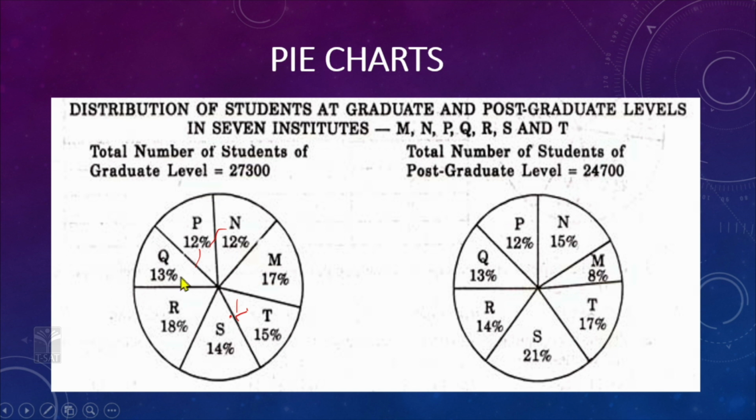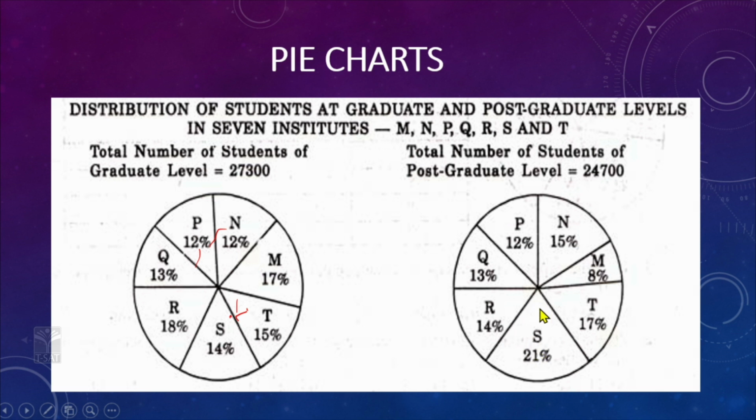Here see, it is 12 and this is also 12, the same, this is 17, 13, 18, 14, 15. So the institution R has the maximum number of admissions at the graduate level, 18%. And when you come to the postgraduate level, the highest is 21%. S has the maximum number of postgraduate admissions, 21%.